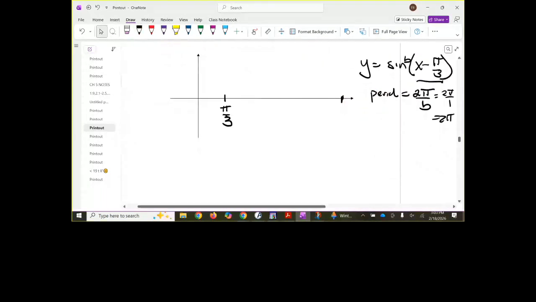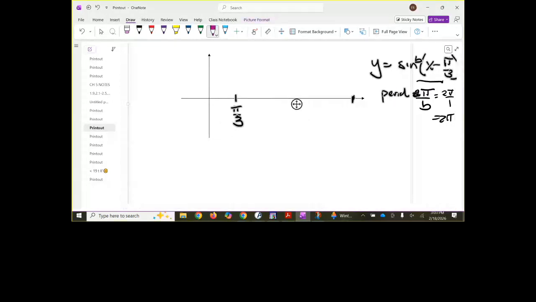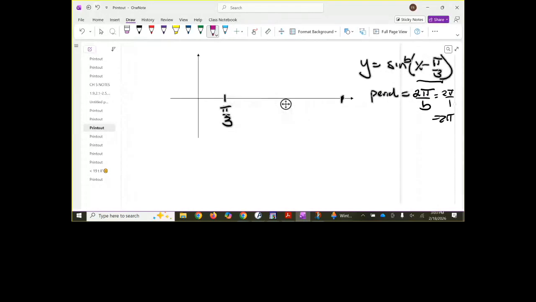So look, y'all, this is what I'm going to do. The way I'm going to find that value right there, I'm going to take pi over 3, and I'm going to add 2 pi to it. I'm going to think of that as 2 pi over 1. So let's see, pi over 3. Y'all, I'm going to make that into a 3 by multiplying that by 3. That should be a 6 pi over 3. You guys agree this is going to be a 7 pi over 3?